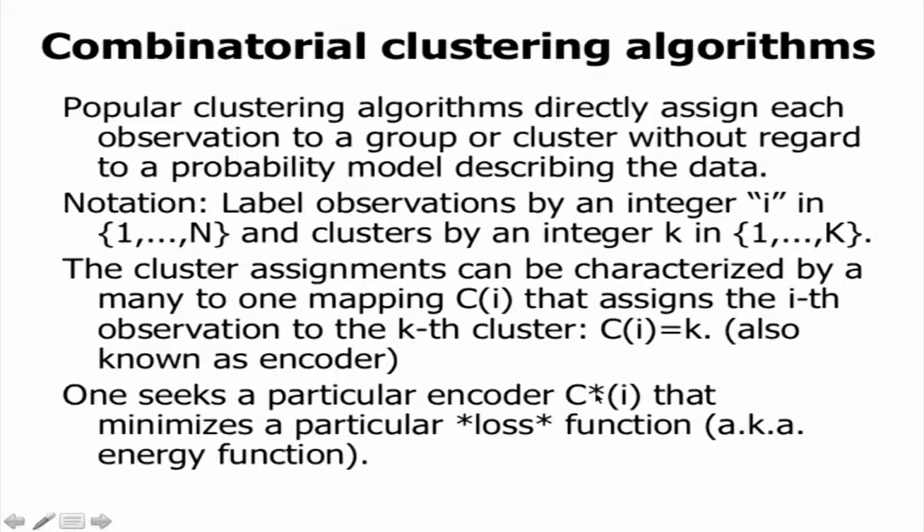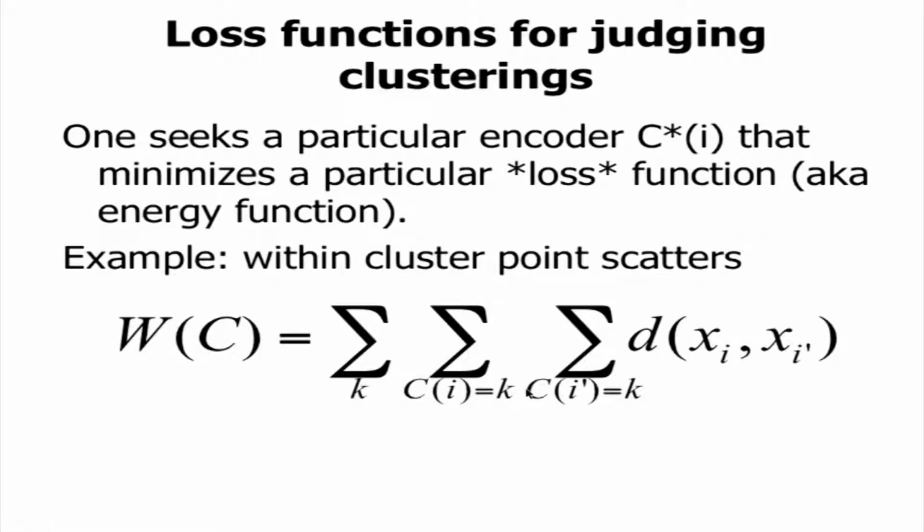Now, what one usually does is look for a particular cluster assignment or encoder that minimizes a certain loss function, also known as energy function. For example, you may define the following loss function based on a dissimilarity measure.